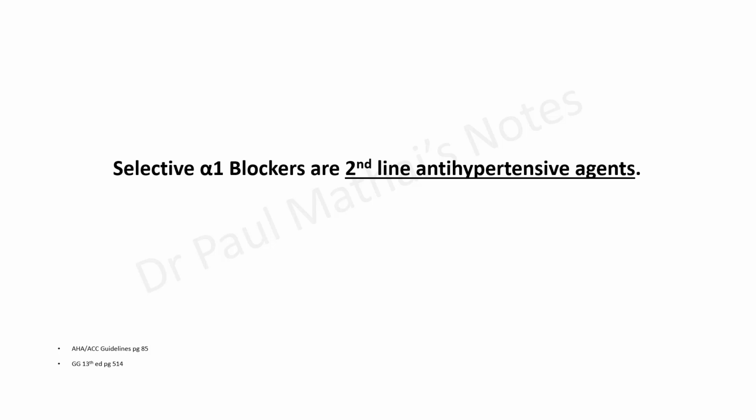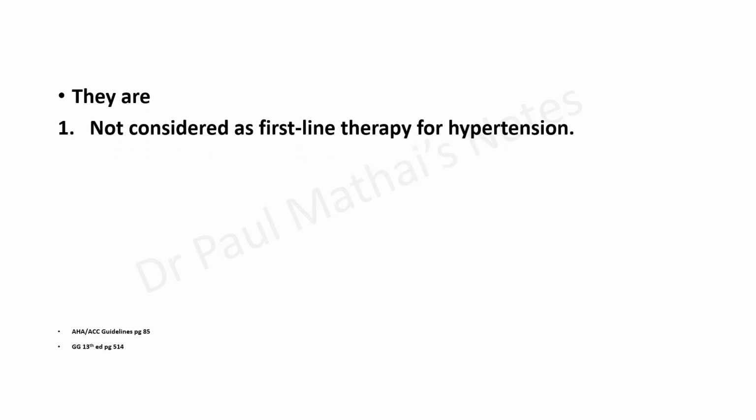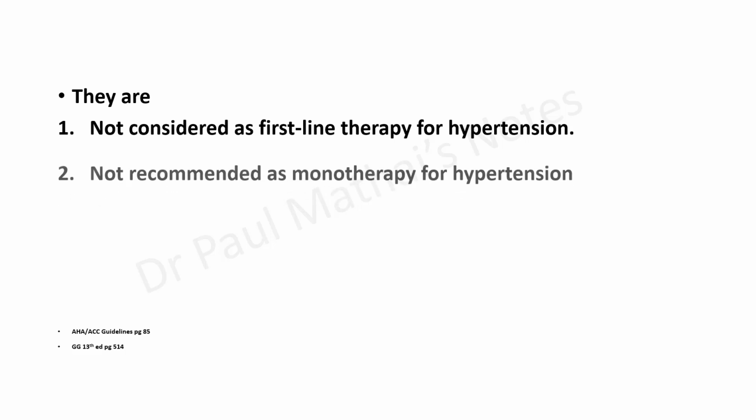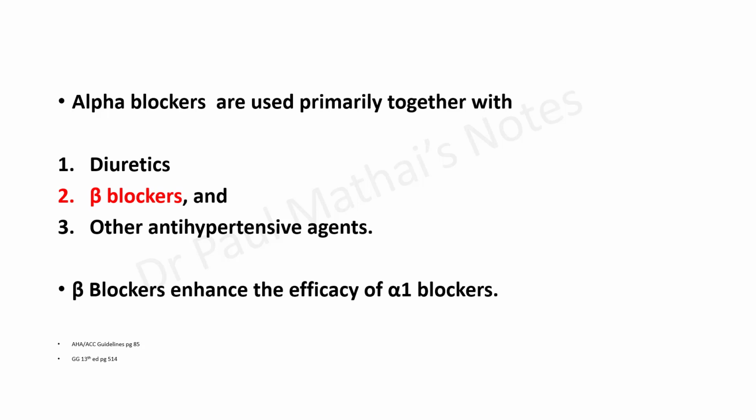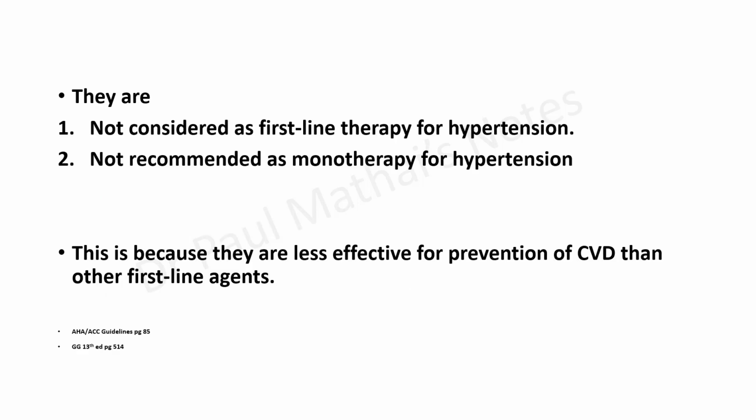They are used in hypertension, but they are used only as second-line antihypertensive agents. They are not considered as first-line therapy for hypertension. They are not recommended as monotherapy for hypertension. And this is because they are less effective for prevention of cardiovascular disease than other first-line agents.